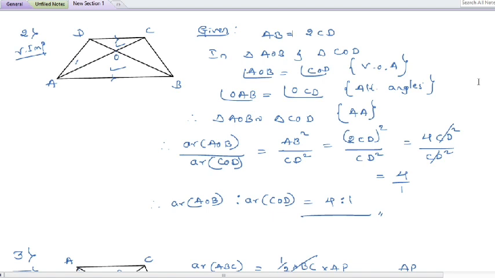So, area of AOB divided by area of COD is equal to AB square by CD square, which is equal to, AB is nothing but 2 times of CD, bracket square divided by CD square. So, 2 square is 4, CD square by CD square cancels. What remains? 4 divided by 1. So, therefore, area of AOB to area of COD is equal to 4 is to 1. Its ratio is 4 is to 1.